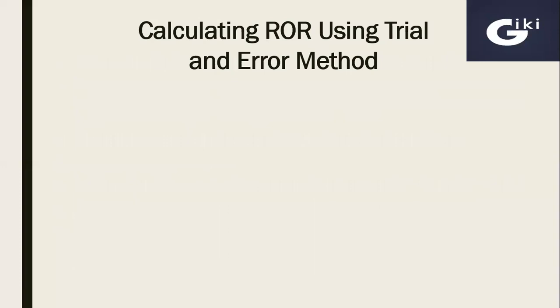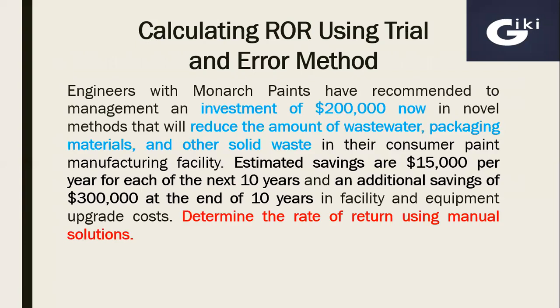Now we learn how to calculate rate of return using the trial and error method. Here is an example. Engineers with Monarch Paints have recommended to management an investment of $200,000 now in novel methods that will reduce the amount of wastewater, packaging materials, and other solid waste in their consumer paint manufacturing facility.